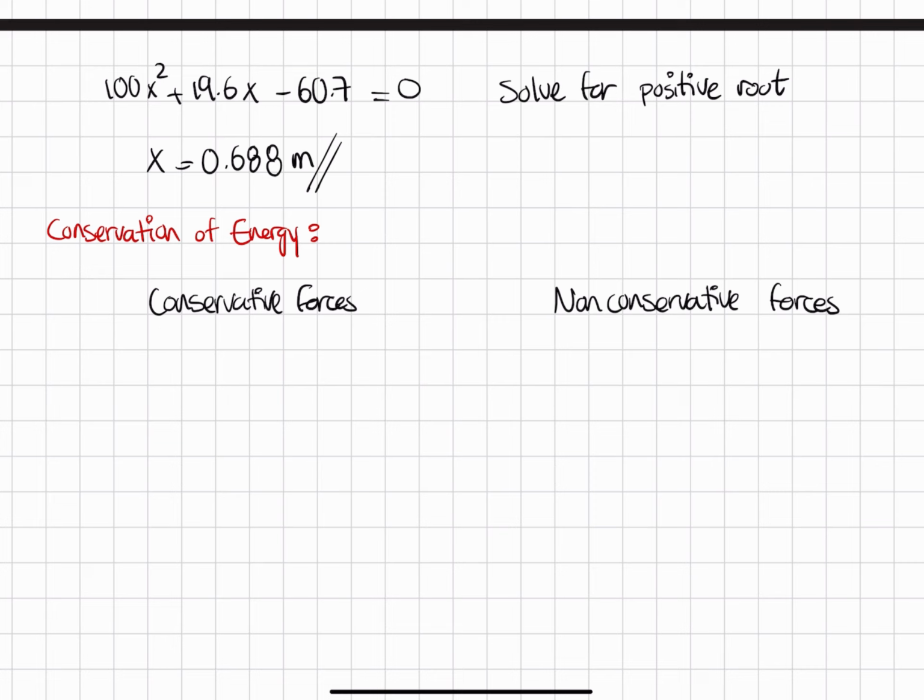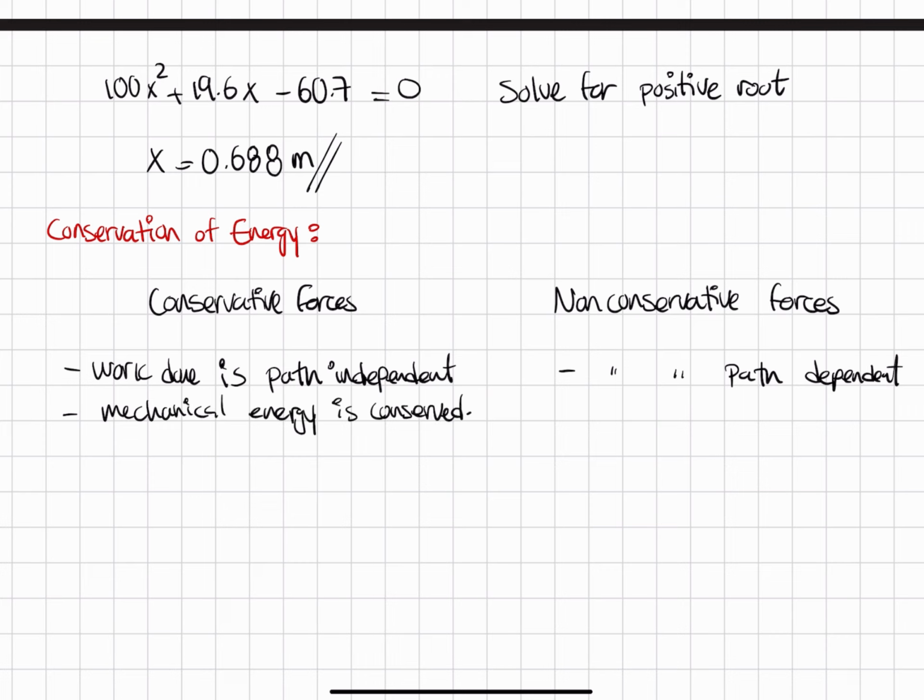Whenever you have conservative forces, work done is path independent. For non-conservative, it's the opposite. It's the same stuff, but it's path dependent. With conservative forces, mechanical energy is conserved. With non-conservative forces, mechanical energy is not conserved.